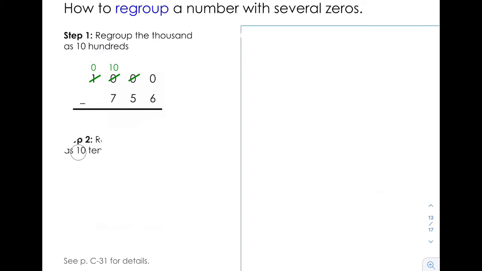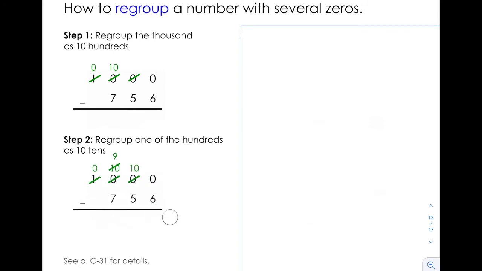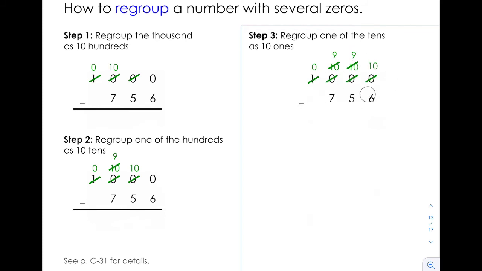Okay, for the next step, we're going to regroup 100 as 10 tens. So we're going to borrow from this 10 and give over here, so this now becomes a 9. Step 3, we're going to regroup one of the tens as 10 ones. Again, we're going to borrow from here and give to this one here.